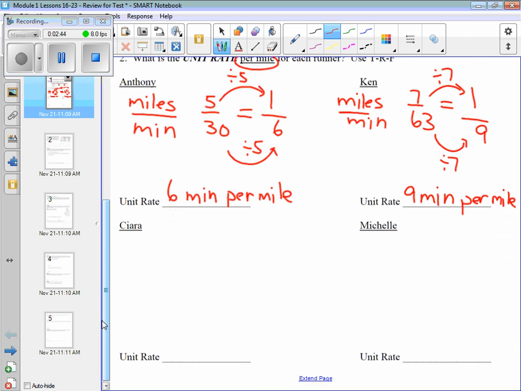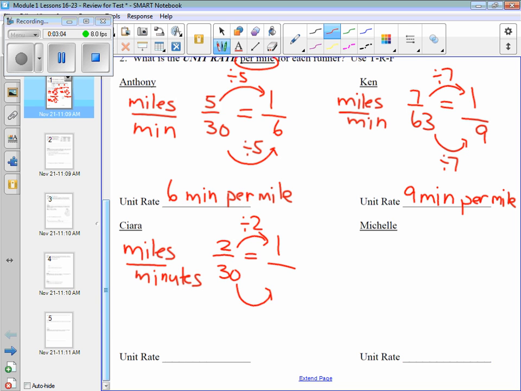Okay, Kira, same thing, miles over minutes. And she is 2 to 30. A division factor of 2. And that's going to give her a 15-minute mile.